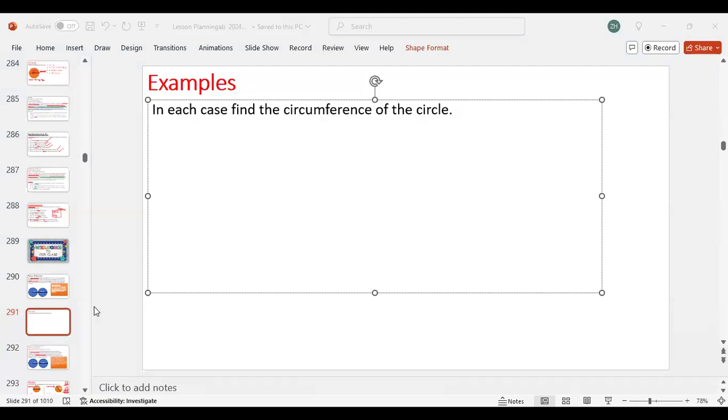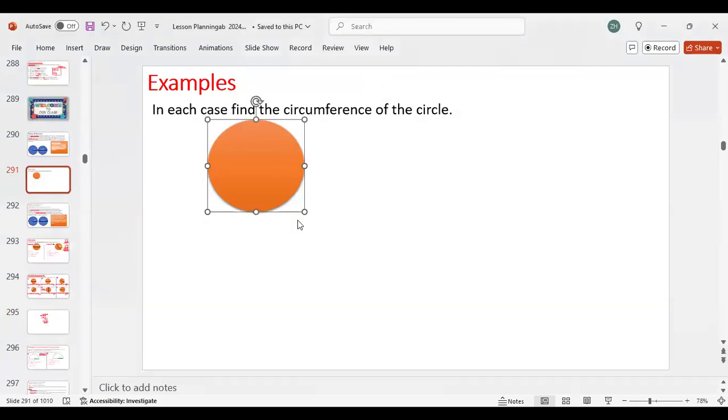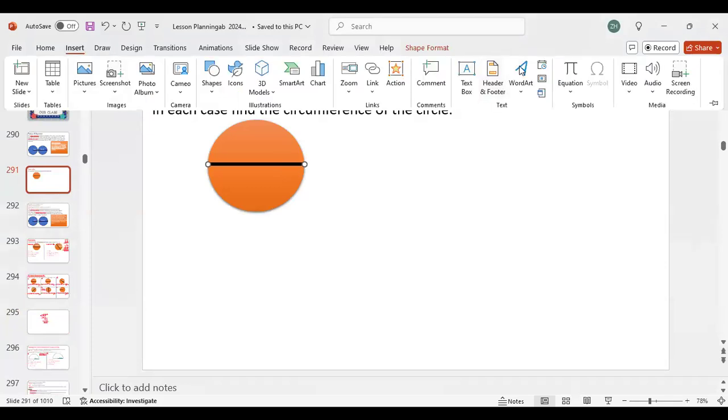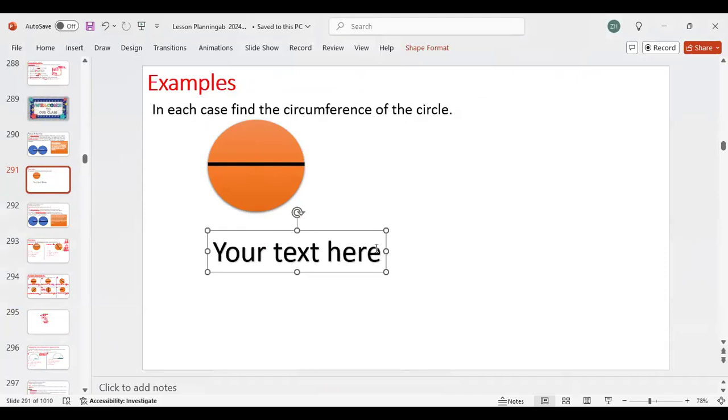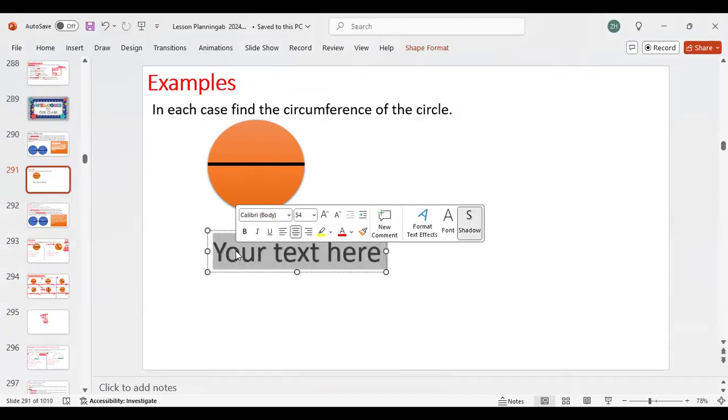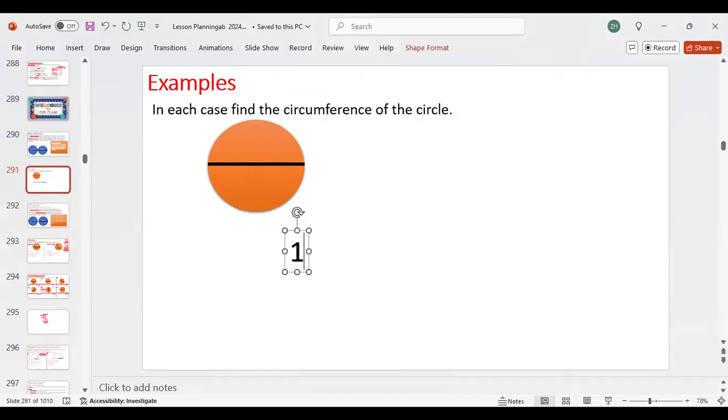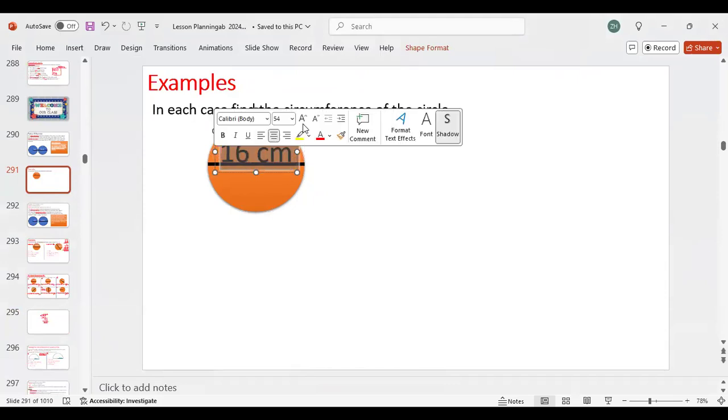You have to find the radius. So let's say that you are given this circle, and the diameter is 16 centimeters.